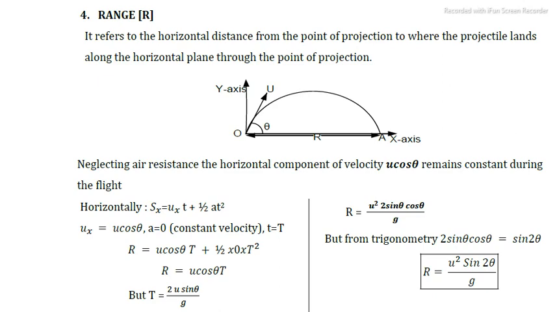And our range will be u squared 2 sin theta cos theta over g. But 2 sin theta cos theta from trigonometry is equivalent to sin 2 theta. Therefore, our range is given by u squared sin 2 theta over g.